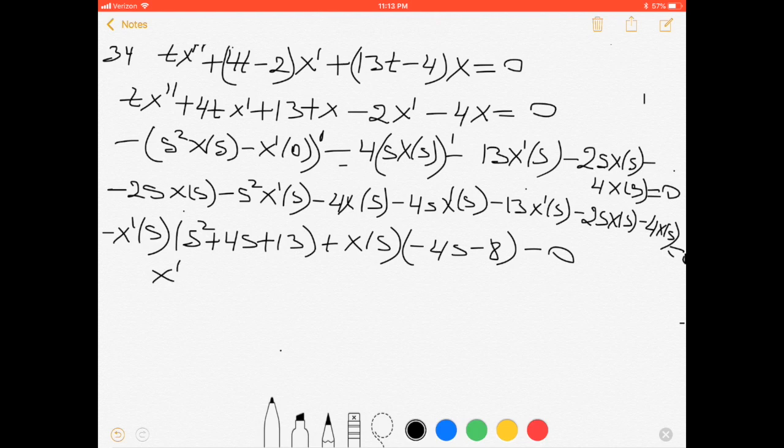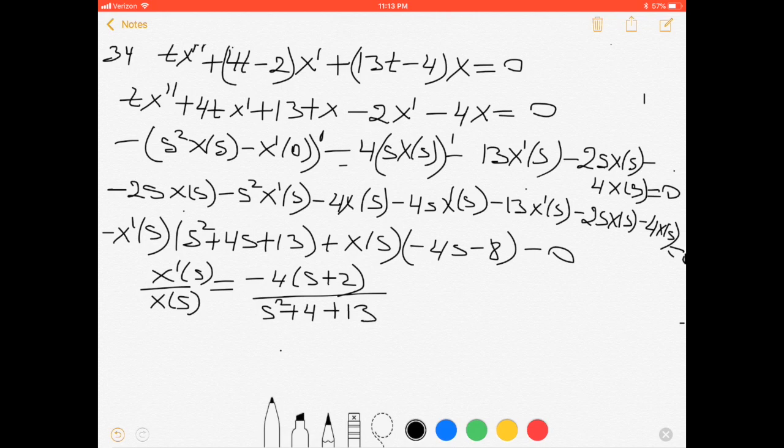This means x prime s over x s, we have minus 4 times s plus 2 over s squared plus 4s plus 13. Because denominator we cannot factor, this means we can rewrite like sum two squares, and this will be minus 4 times s plus 2 over s plus 2 square plus 9.